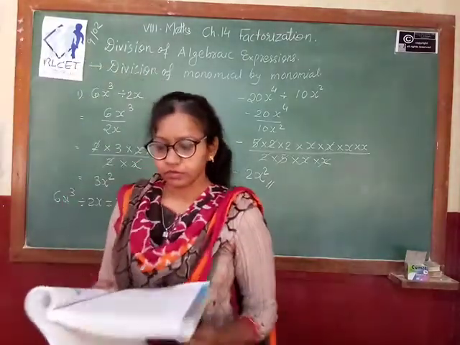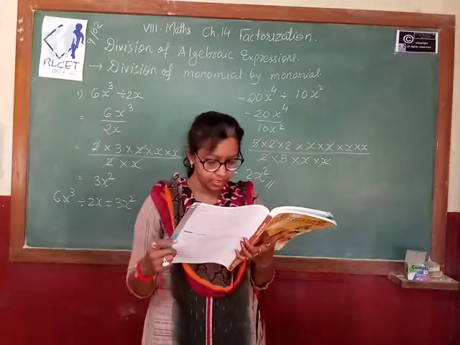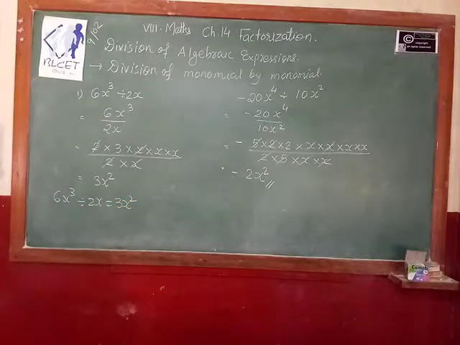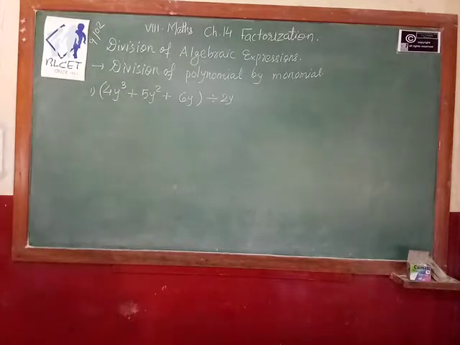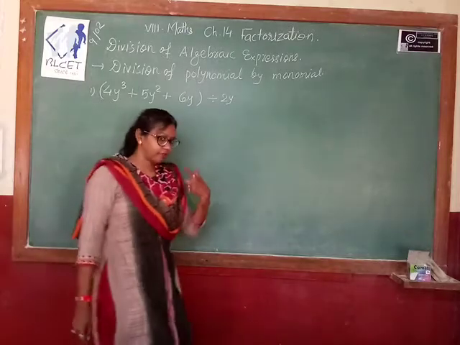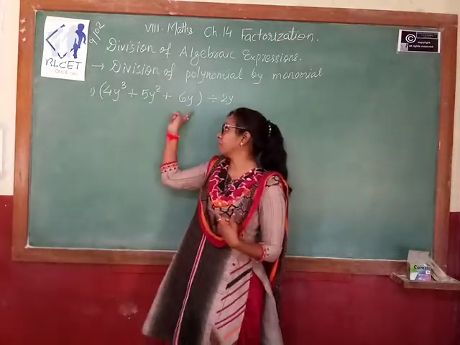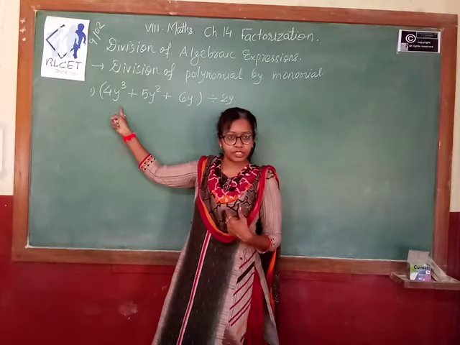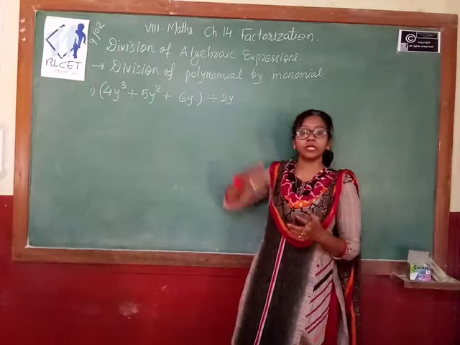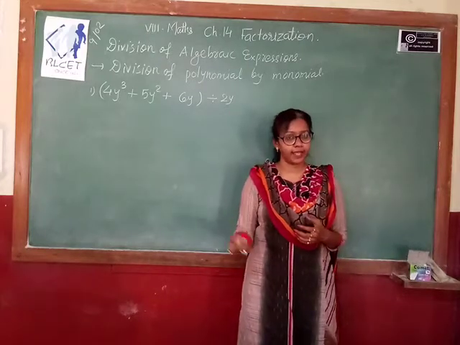Okay. Now let's see how we can do the division of a polynomial by a monomial. We have already understood two ways. First, you can find the factors of the given algebraic expression and find the common factors related to 2y, so that directly you can cancel the factor 2y.